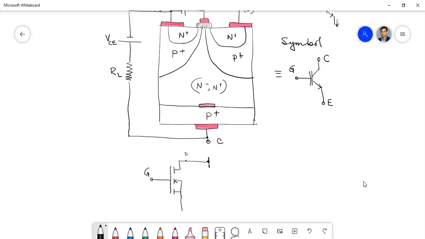So that means that is a drain, and here it is a collector. Okay. So what type of transistor can we think of here? Another transistor we have here, PNP.